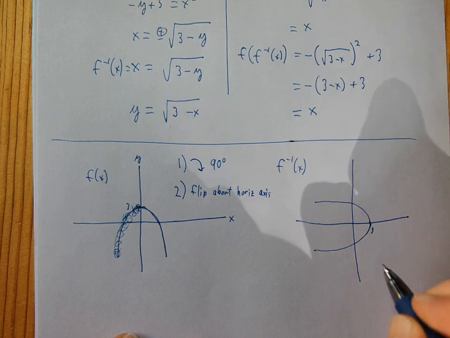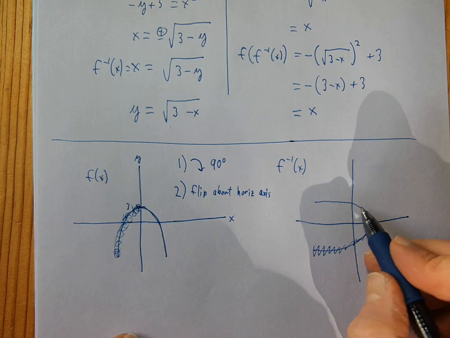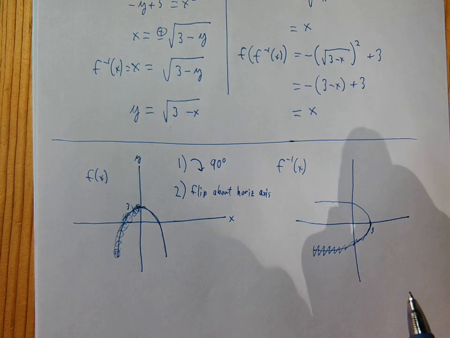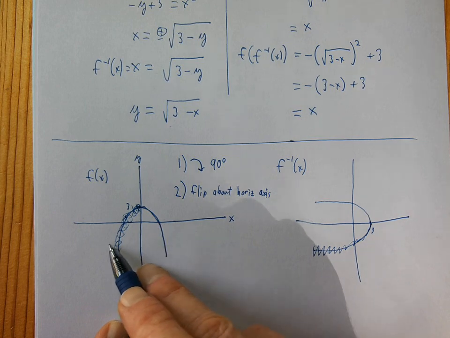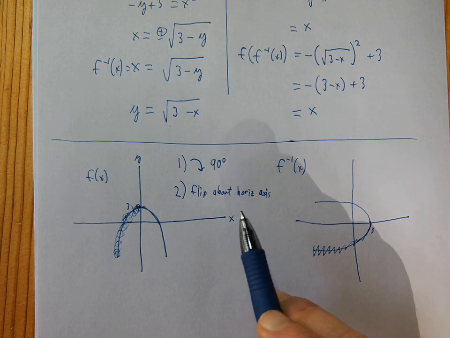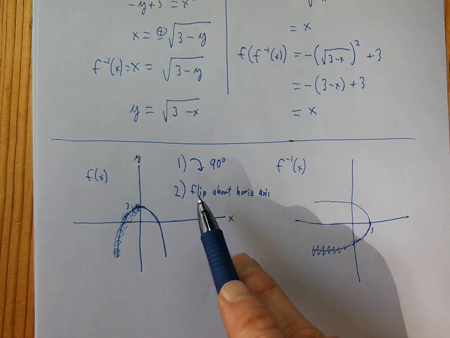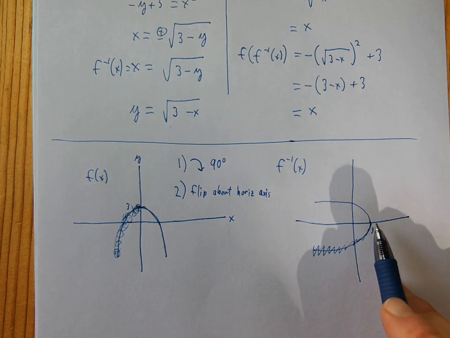Well, that's 3 right there. So this cancels out then, and so our final f negative 1 looks like that. So again, rotate it, starting here, it goes like that, and then flip it about the x-axis. And that's all you do. Usually the regular function is pretty easy to graph, and then for the inverse function, you just flip it like that.